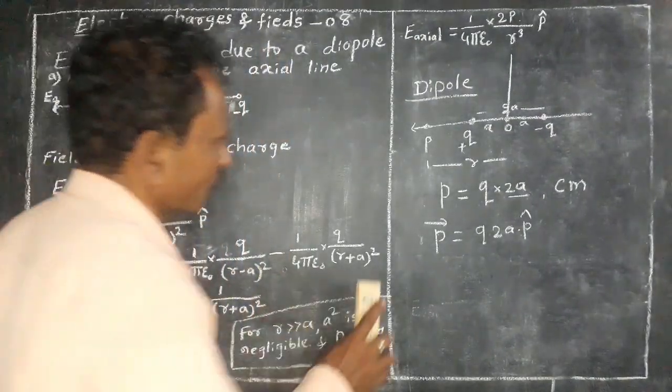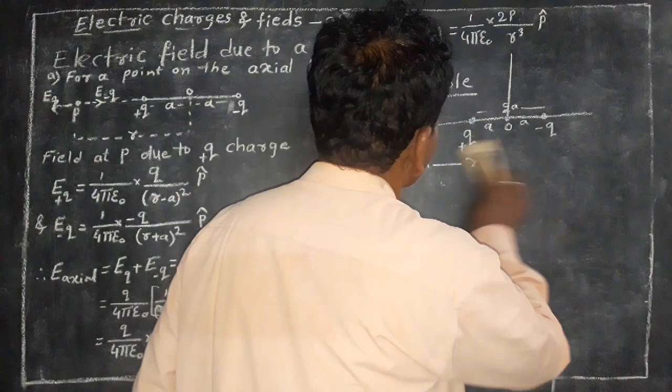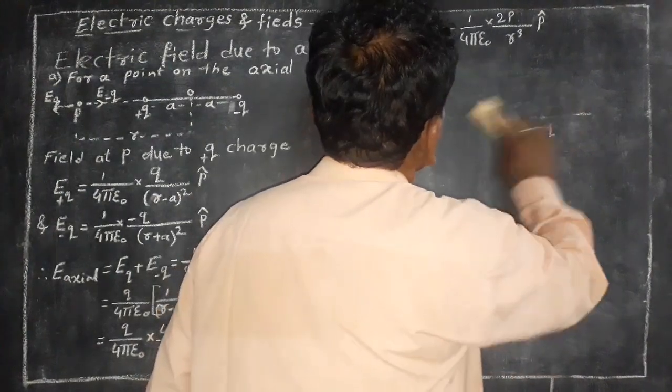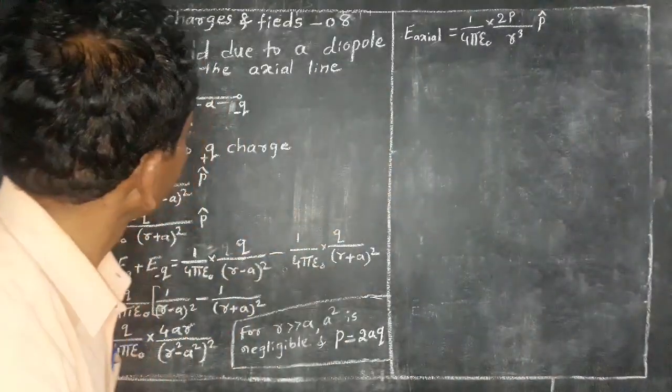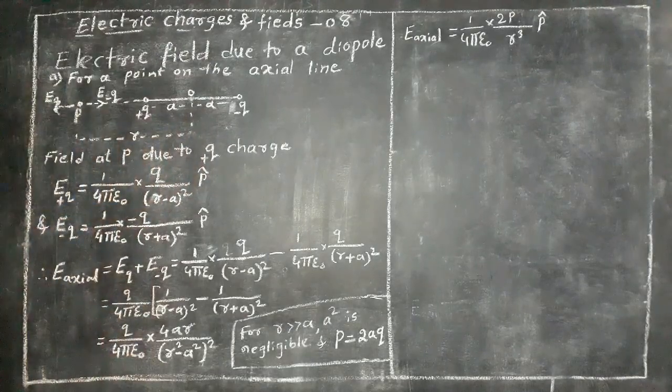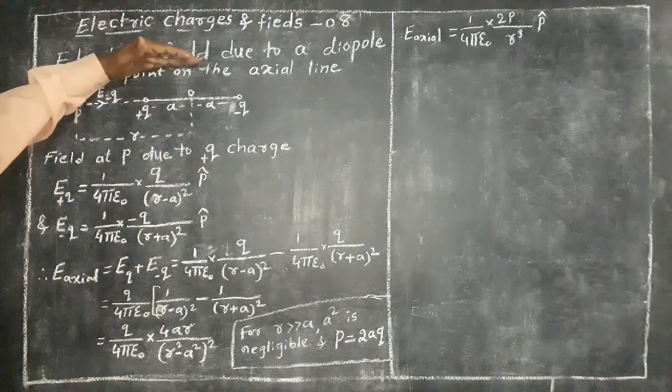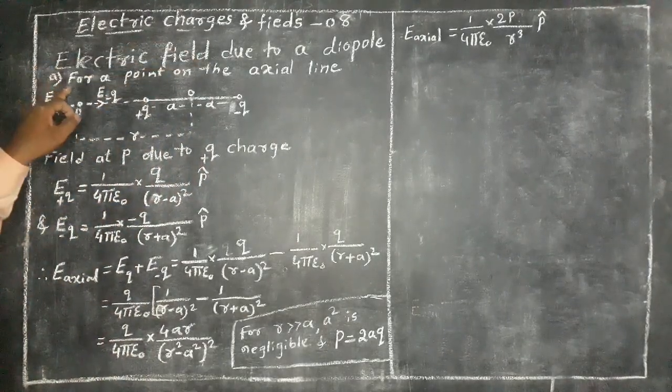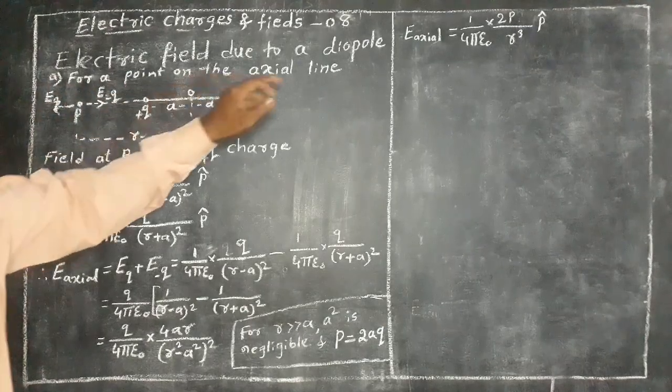Clear? Now, electric field due to a dipole, first for a point on the axial line.